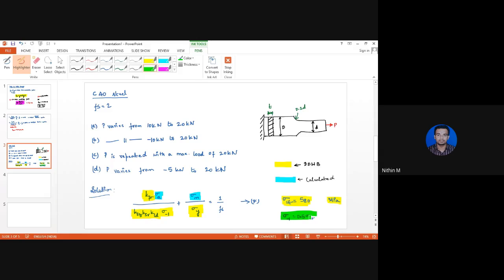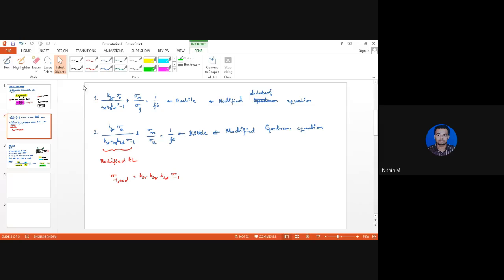So remember this equation. Typically, for steel, for cast iron and for aluminum, I will write it on the previous slide.